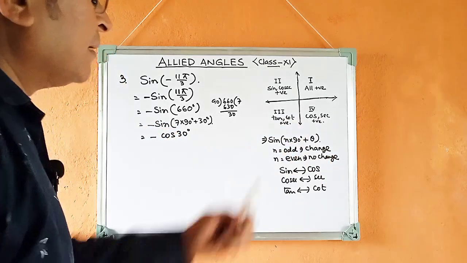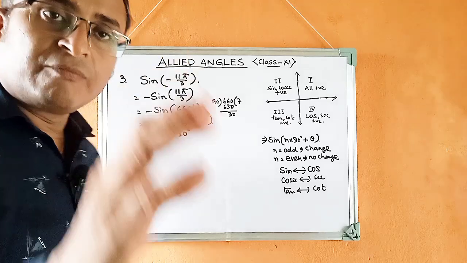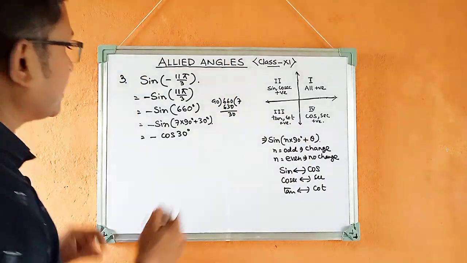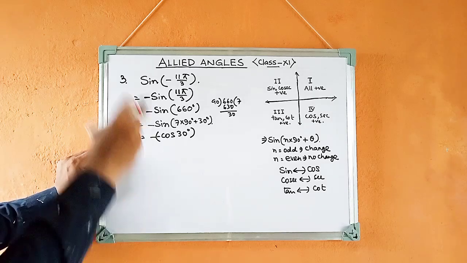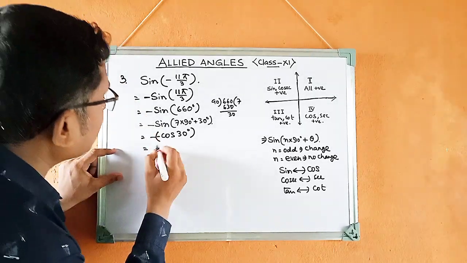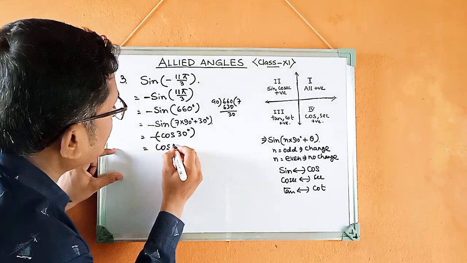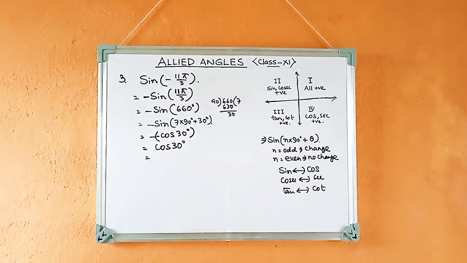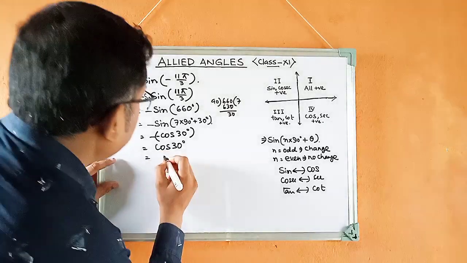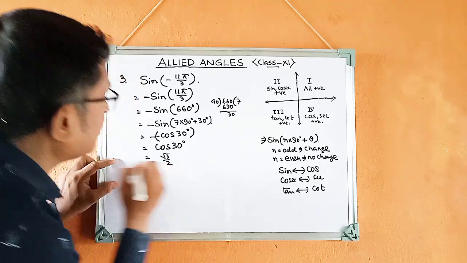Sine is negative because cos and sec are positive in the fourth quadrant. So put a minus sign in front of the cos. Already there is one minus sign here. Put another minus sign. So minus minus becomes plus. So we get cos 30 degree. What is the value of cos 30 degree? Cos 30 degree is equal to root 3 divided by 2.